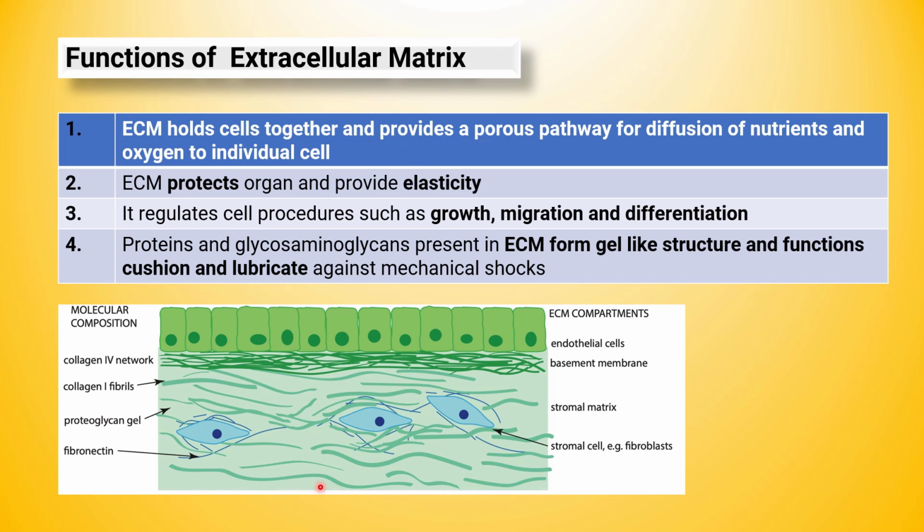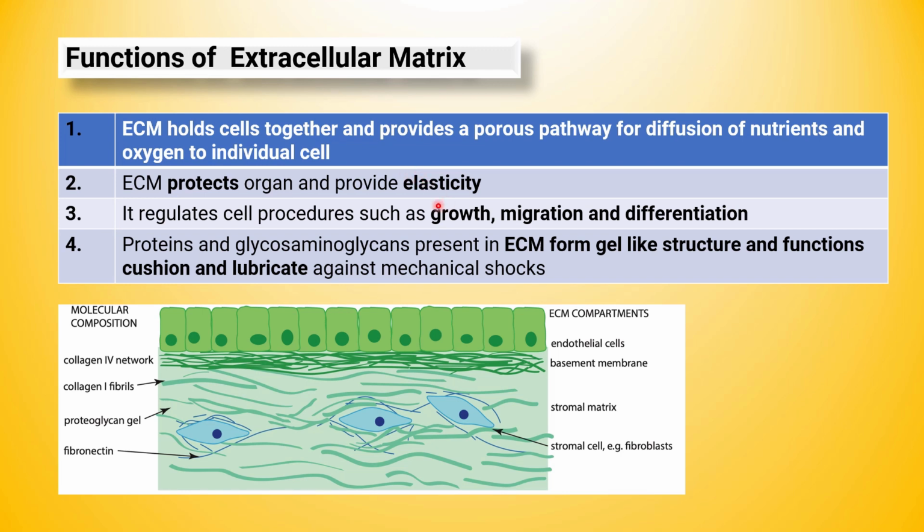You can see there are minute small pores, and those pores are responsible for diffusion of nutrients and oxygen to individual cells. These are the cells, and from this blood vessel there is a transfer of nutrients and oxygen to individual cells.